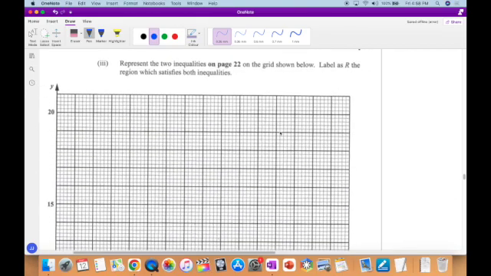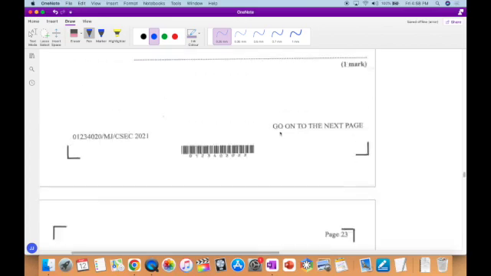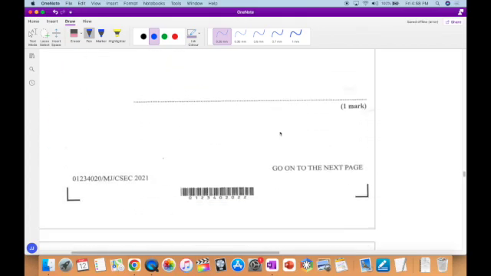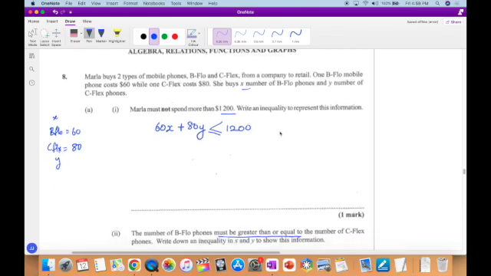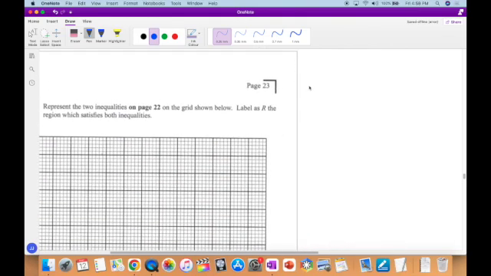Represent the two inequalities on the grid shown, label as R the region which satisfies both inequalities. So I have these two inequalities here, and let's just write them down on the side here. 60x plus 80y is less than or equal to 1200, and then I have x is greater than or equal to y.